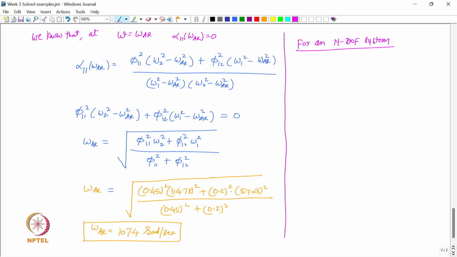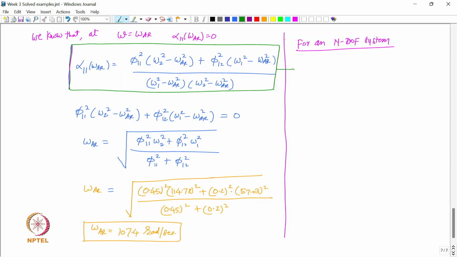So, essentially, if you look at this expression here, this is the expression for the FRF, and it has a ratio of two polynomials. There is one numerator polynomial, then we have a denominator polynomial, right.